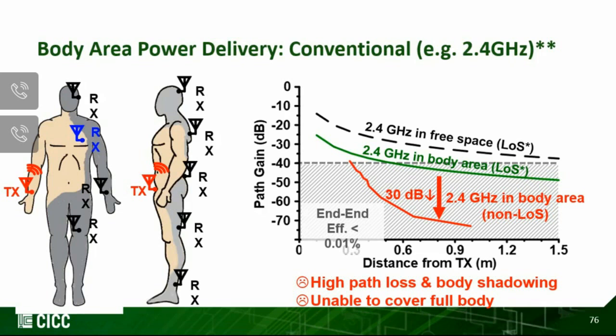So this makes RF power delivery not feasible for the body area context. For example, if you transmit 1 milliwatt, only hundreds of nanowatts can be harvested from the gray shaded area, and that is in the best case scenario at 30 centimeters. And in the gray shaded area, you cannot harvest at all.